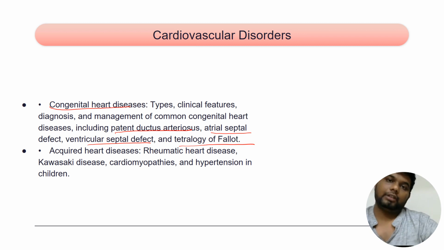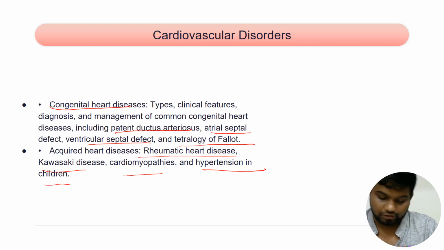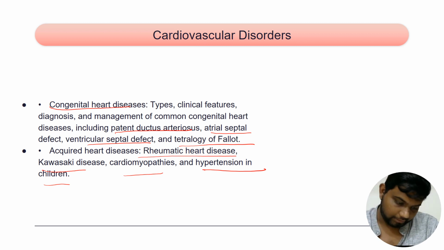And you have the acquired heart diseases like rheumatic heart disease, Kawasaki disease, cardiomyopathies, and hypertension in children. These are the list of diseases that you have to remember in terms of cardiovascular system.